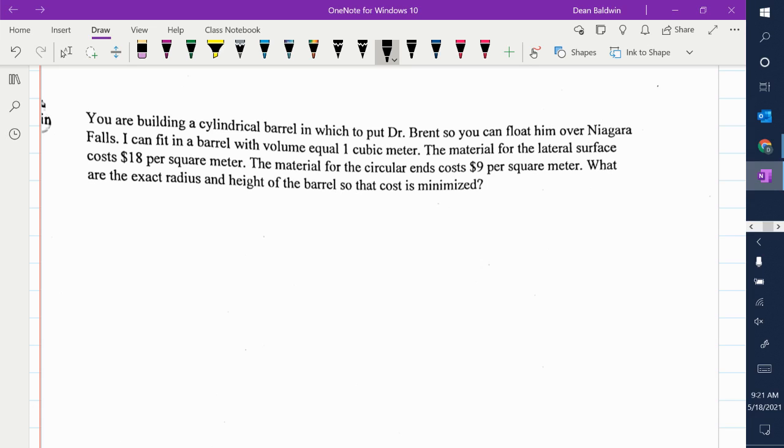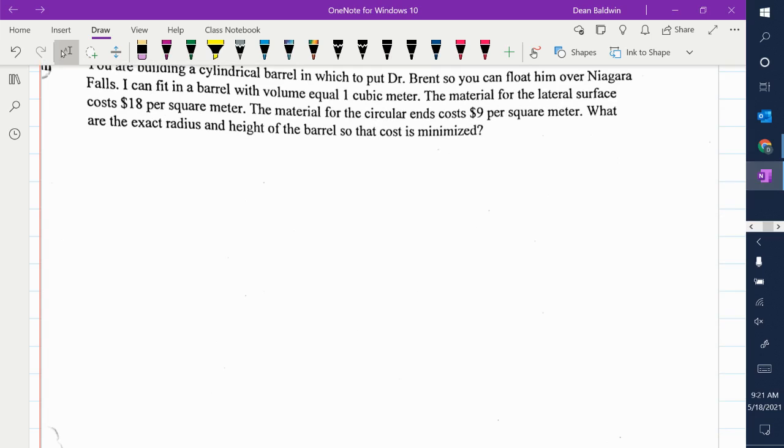Okay. So, first of all, draw a cylinder. Which is just like a pop can, basically. There's your cylinder. They tell us that the material for the top and the bottom, the circular ends, is $9 per square meter. So this is $9 per meter squared.